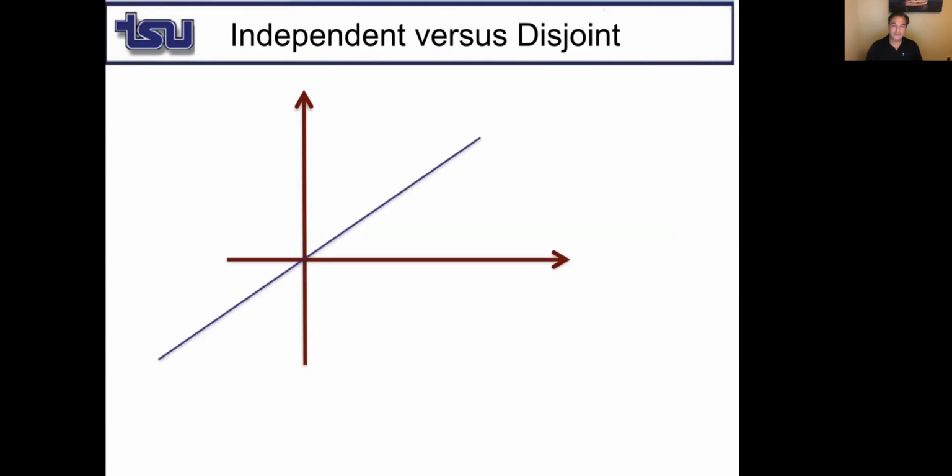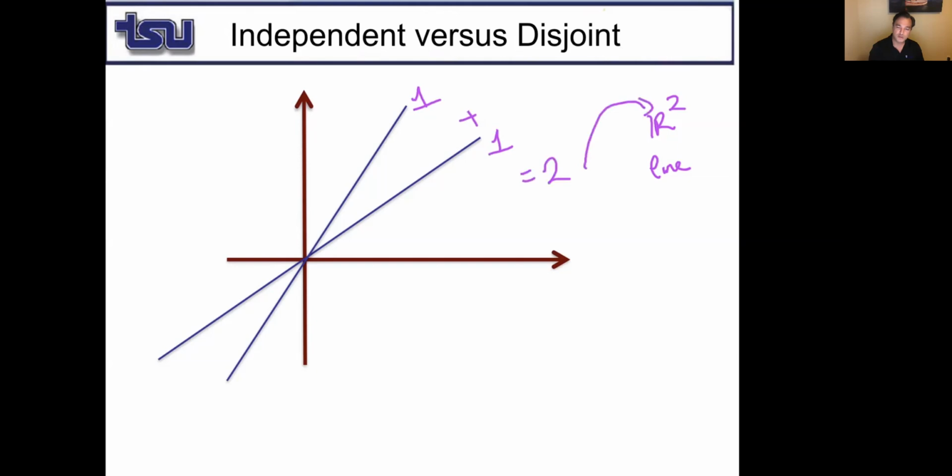Think about a line. Assume we are in R2. This is R2, and we have a line, and a line is a one-dimensional subspace of R2. If we have another line, and they intersect only at the origin, now we have two lines that intersect at the origin, and the dimension of this line is 1, the dimension of this one is 1, and 1 plus 1 is 2, which happens to be the dimension of R2, right? So let's keep that in mind.